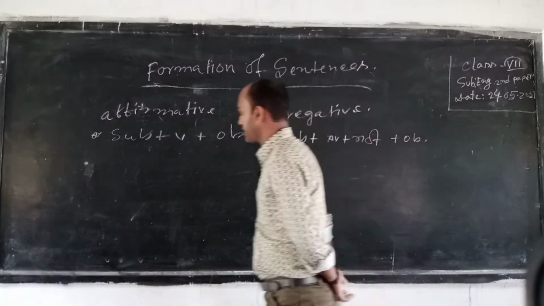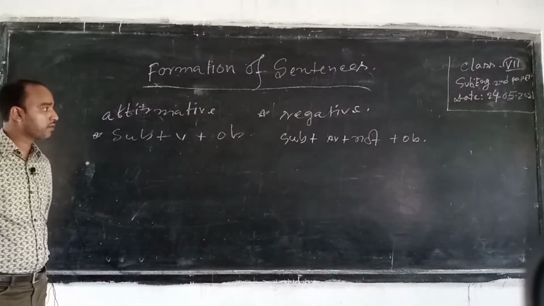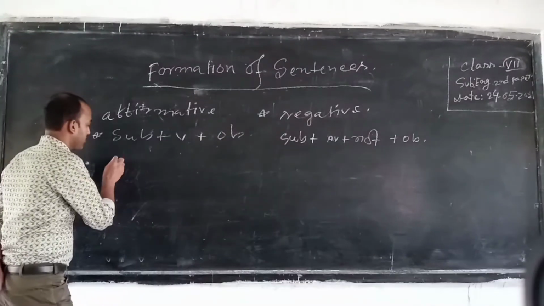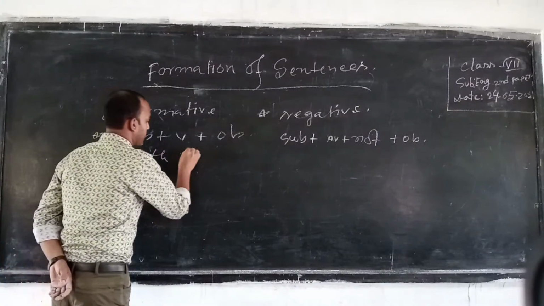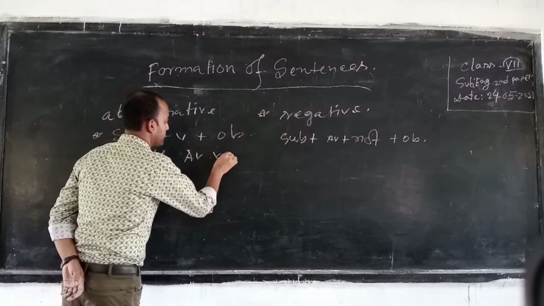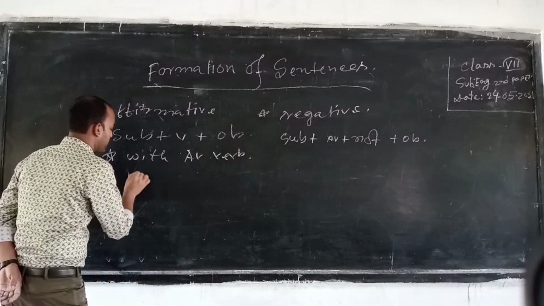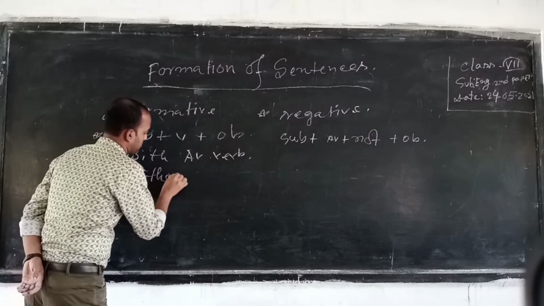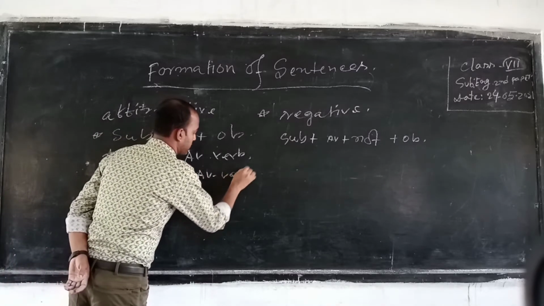We know a statement is of 2 types. One is with auxiliary verb, another is without auxiliary verb.